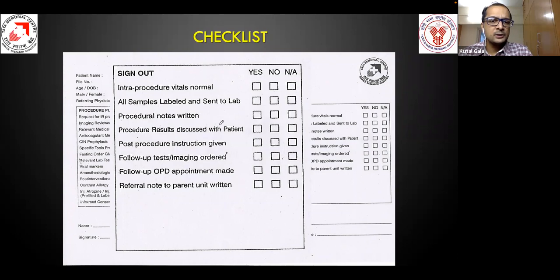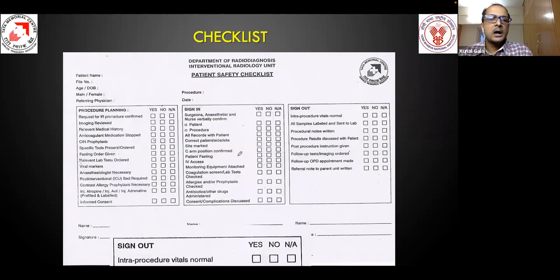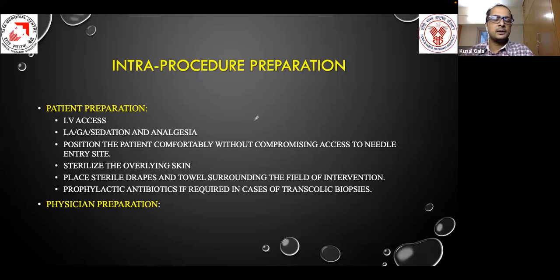The procedure notes need to be put on, and if a complication has occurred, it needs to be mentioned. So these are the checklists which need to be performed, and this is the most important thing which can save us from the medico-legal aspect.